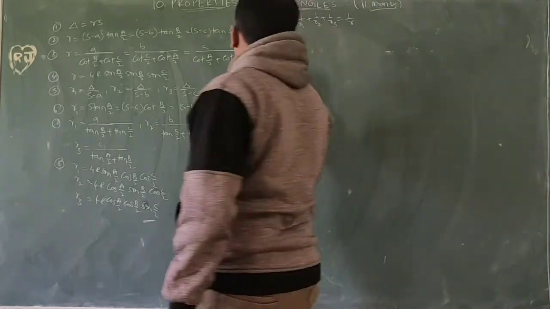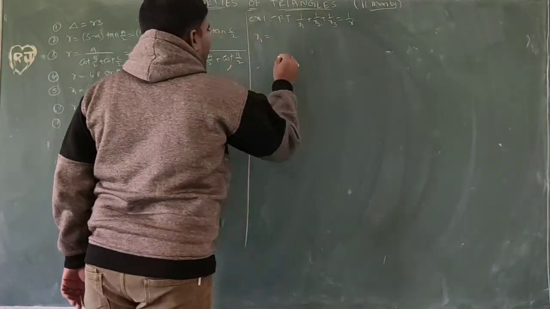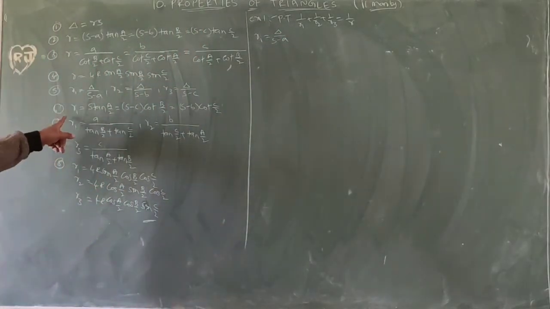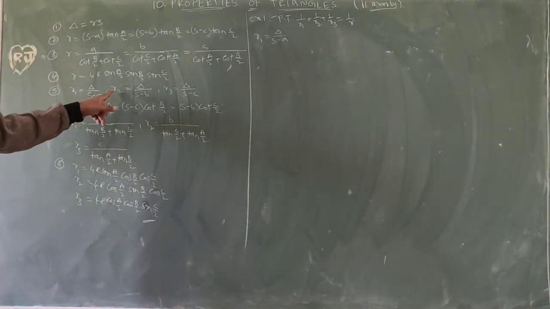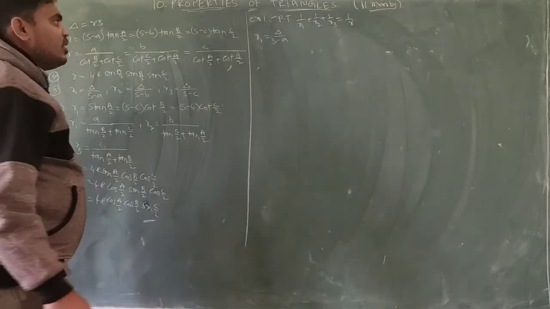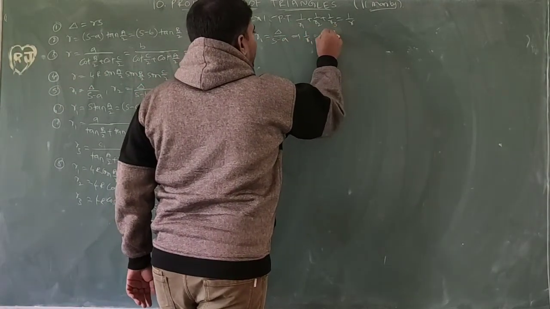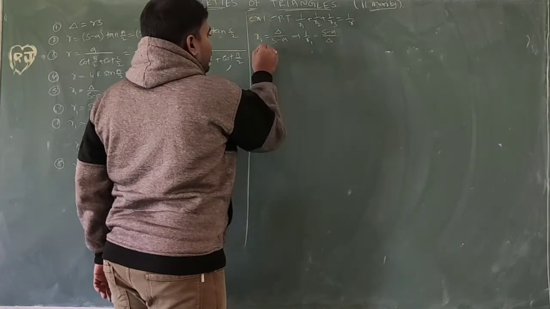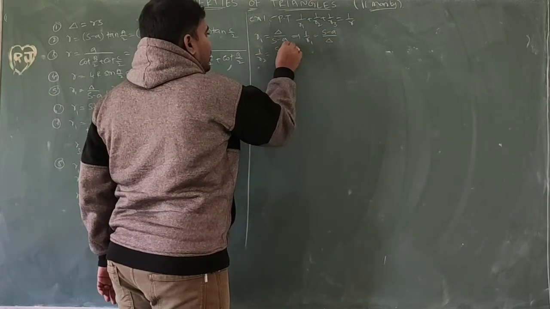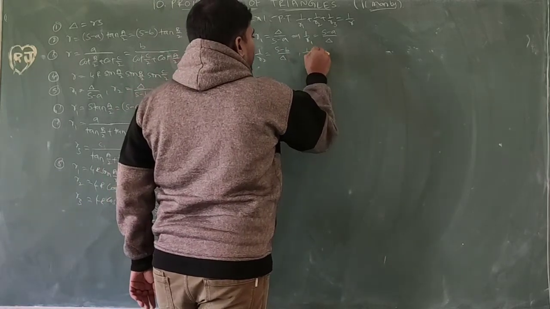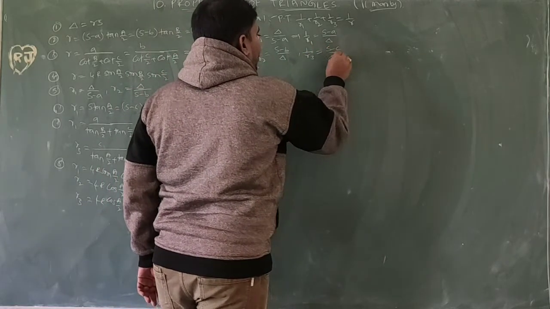First, r1 equal to delta by s minus a, r2 equal to delta by s minus b. First, reciprocal of r1: 1 by r1 equal to s minus a by delta. 1 by r2 equal to s minus b by delta. Similarly, 1 by r3 equal to s minus c by delta.